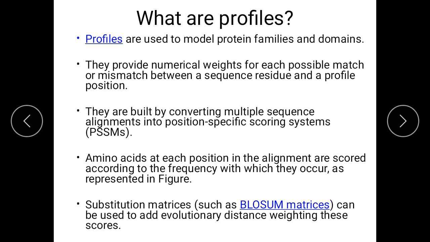In the next slide you will study what a profile is. If multiple sequences are taken at a single position, the matches or mismatches are stored in the profile database. The amino acids at each position in the alignment are scored according to the frequency with which they occur, as represented in the figure. The block substitution matrix, that is BLOSUM, can be used to add evolutionary distance weighting to these scores.